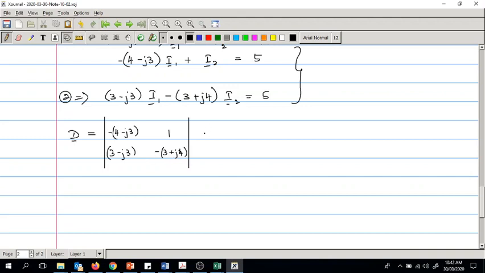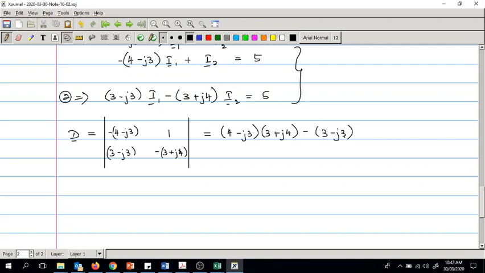Which is equal to this into this, that is 4 minus j3, minus minus cancels out, into 3 plus j4, minus 3 minus j3, right?